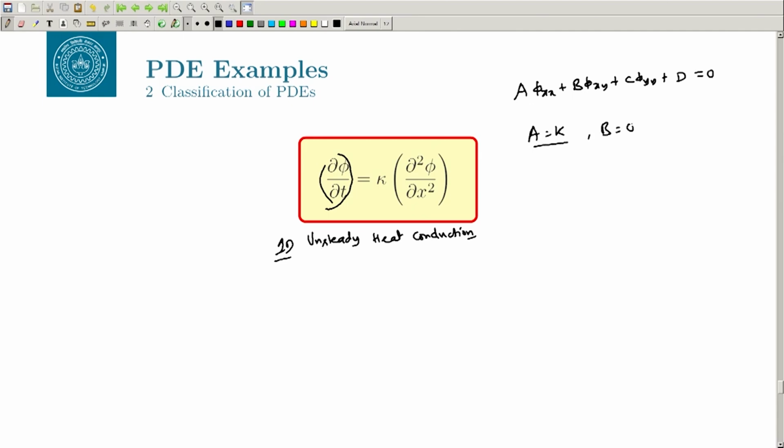B is 0, C is 0, okay. So, B square minus 4 AC will become 0 minus 4 into K into 0, which is basically 0, right. So, your B square minus 4 AC is equal to 0, that means you will have one characteristic line.